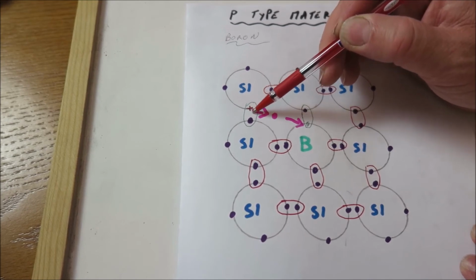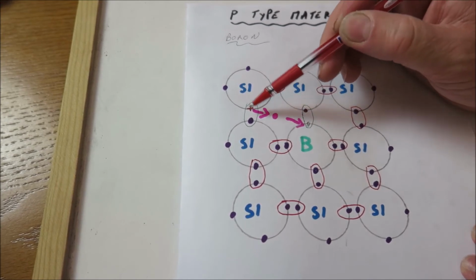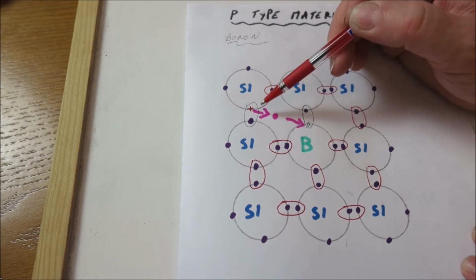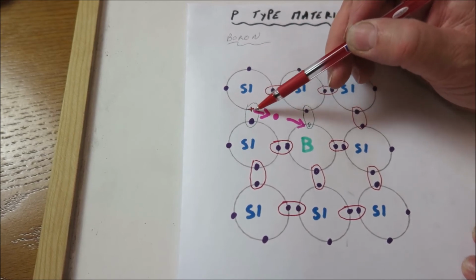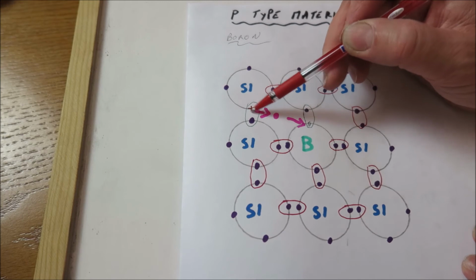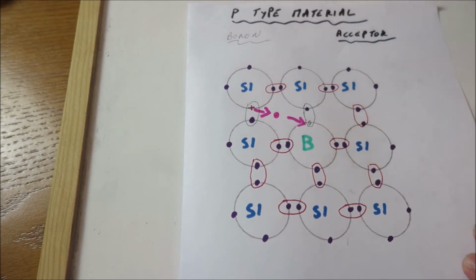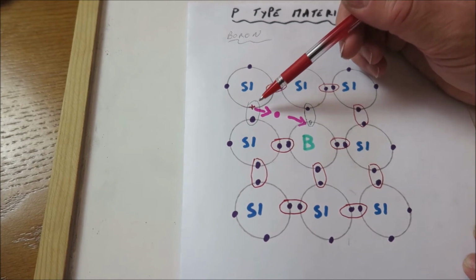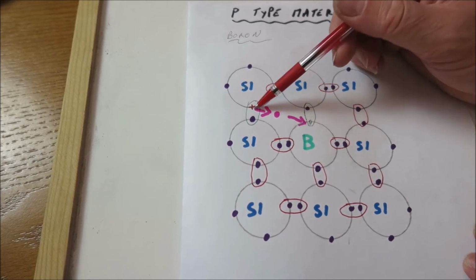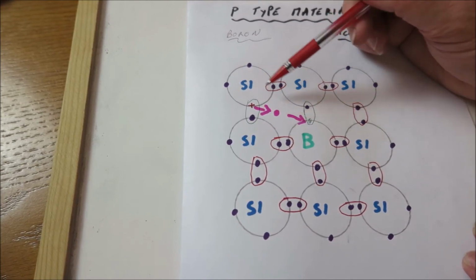If an electron jumps out of there, then the balance is upset, and of course that's going to become positive. So positive holes. The holes are going to move as the electrons jump around as well. So your hole is your charge carrier here, because it's being shared between silicon and the boron atom.